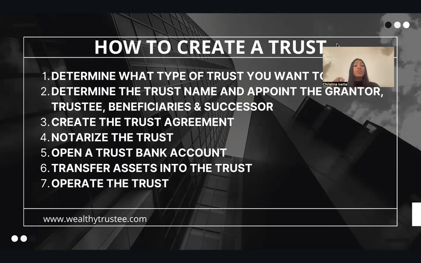So all of that is going to be documented in your board meeting. Your board meeting is the life of the trust, the blood and bones of the trust, right? Everything goes down in the meetings, okay? And it's very important that you operate your trust the right way.